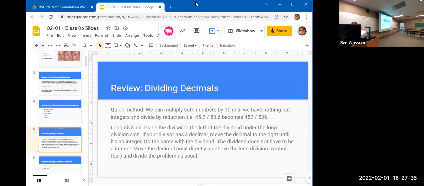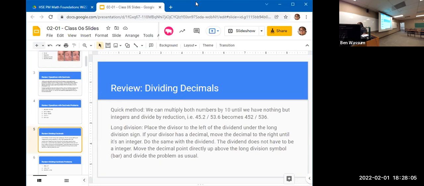So a quick method of dividing decimals. If you have numbers that are really nice, it works out really neatly, you can do it quickly, it's not going to become a problem. My example is a terrible example because that is kind of a weird problem. But you can multiply both numbers by 10 until you have nothing but integers, and you can divide by reducing or whatever method you really wanted to do.